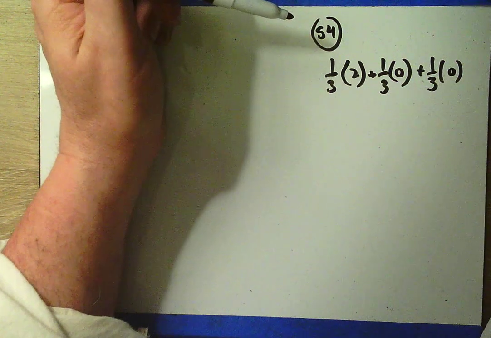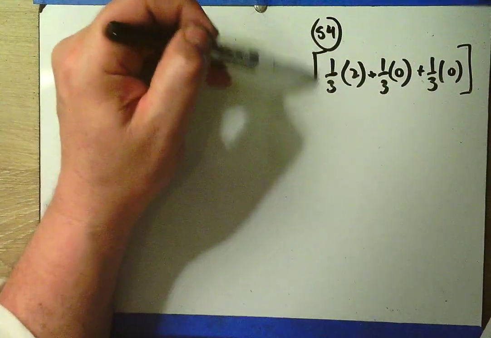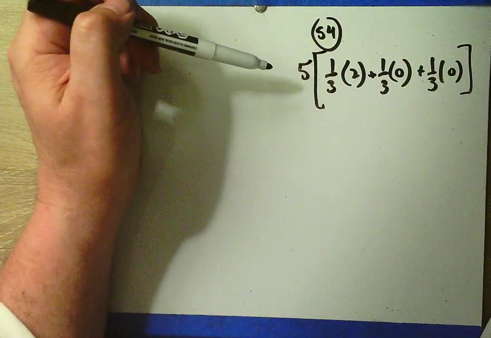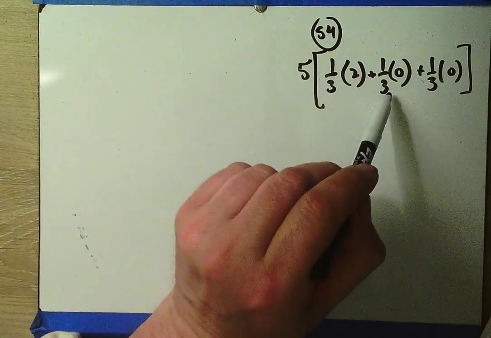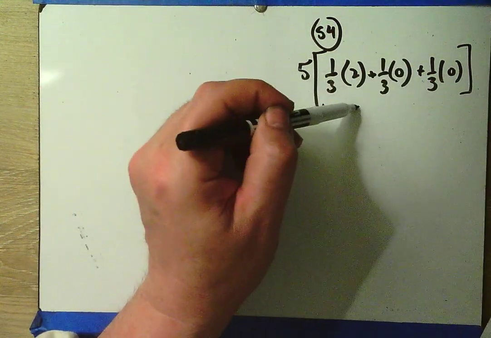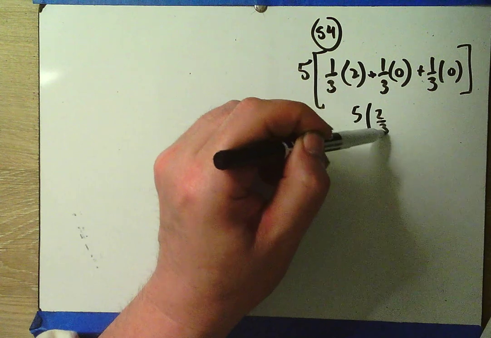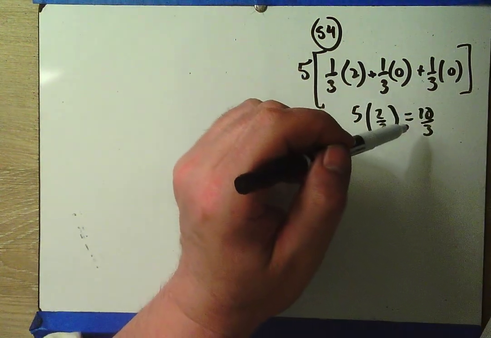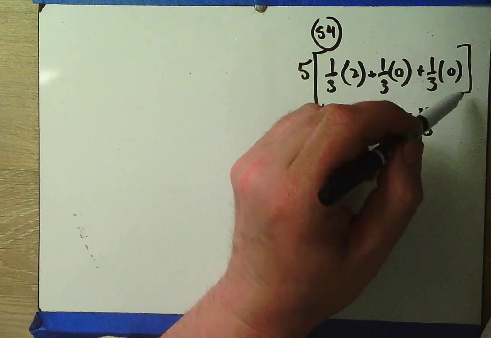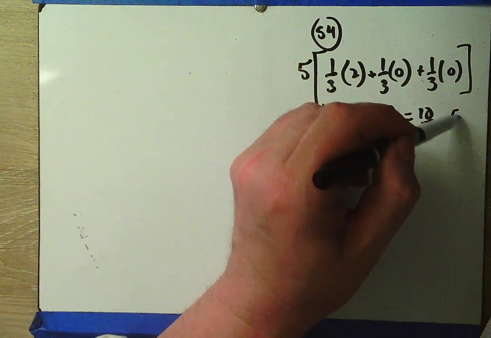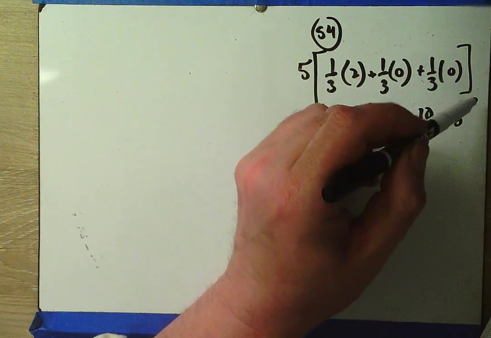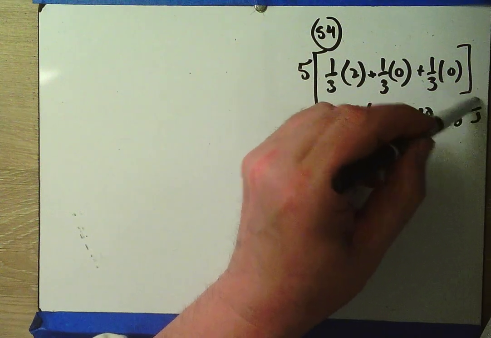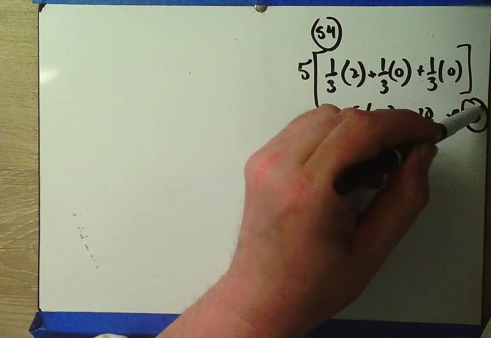And he's going to play this 5 times. So these go away. We're left with 2/3 times 5, or 10/3 points. I expect him to have 3 1/3 points, or something like that, for number 54, and that is choice J. Lots of J's today.